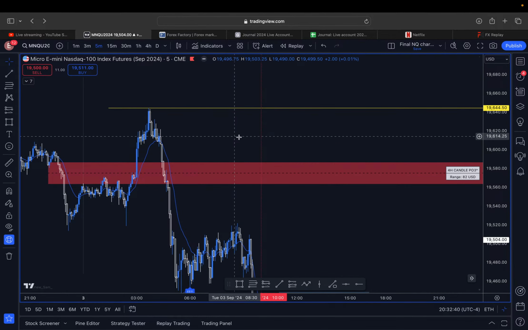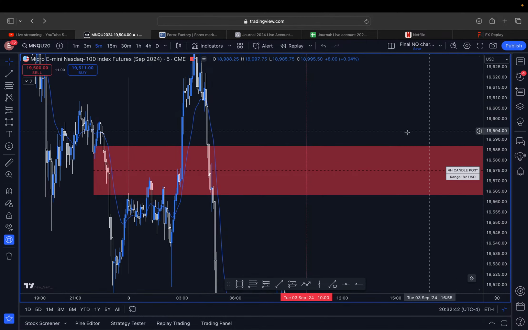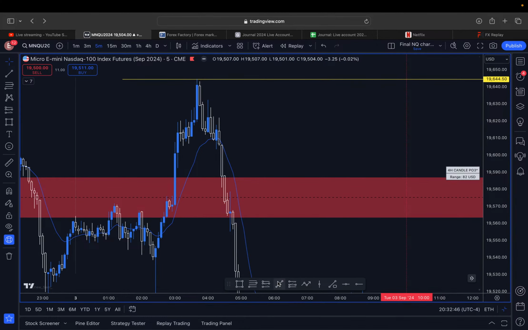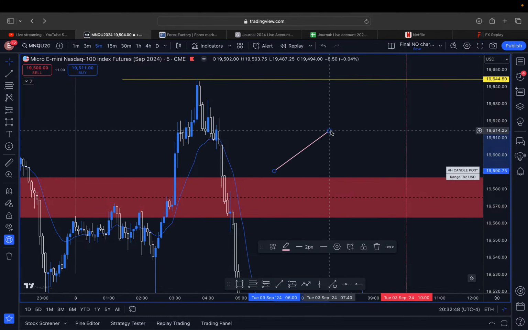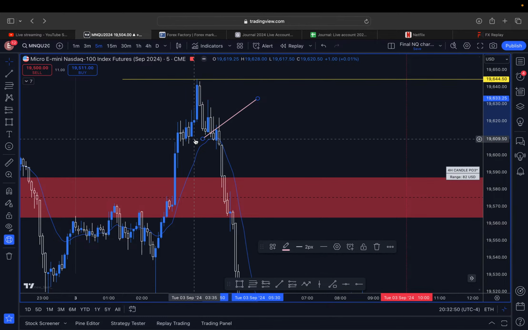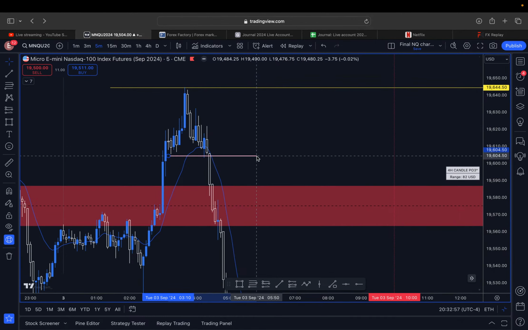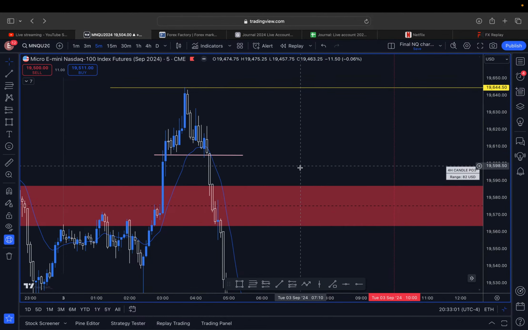But for a market structure shift, you need to make sure, like I said, we're making swing highs and swing lows. Once you candle close below this swing low here, we are now in a downtrend. That's market structure shift.